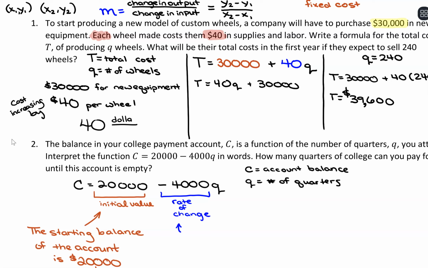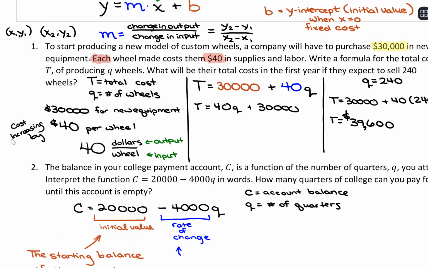We have our dollars in the numerator, the division is like per, and then wheel would be in the denominator. So if we think of units like this, it's coming from the units of the output over the units of the input, because how we calculate slope comes from change in output over change in input.